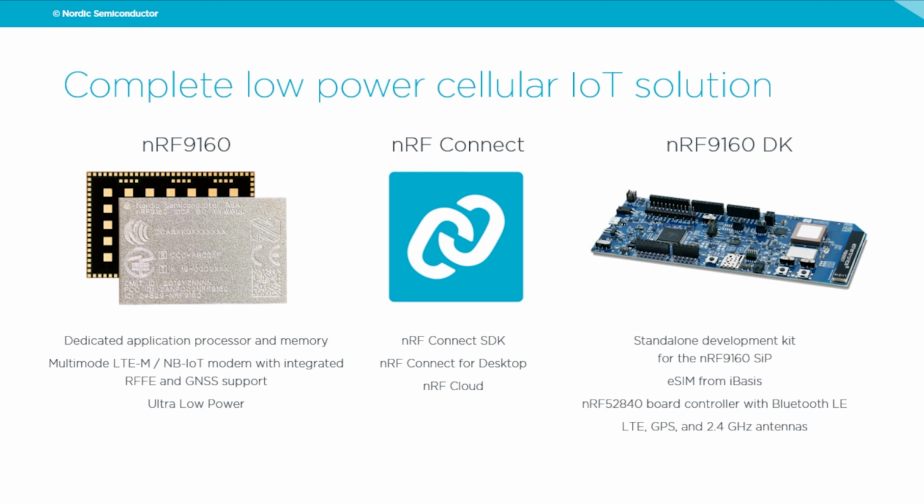It's an ARM Cortex-M33, and we have 1 megabyte of flash and 256 kilobytes of RAM. It also includes a multimode LTE-M and NB-IoT modem with the integrated radio frequency front end and GNSS support. And of course, this hardware was built from the ground up to be ultra low power.